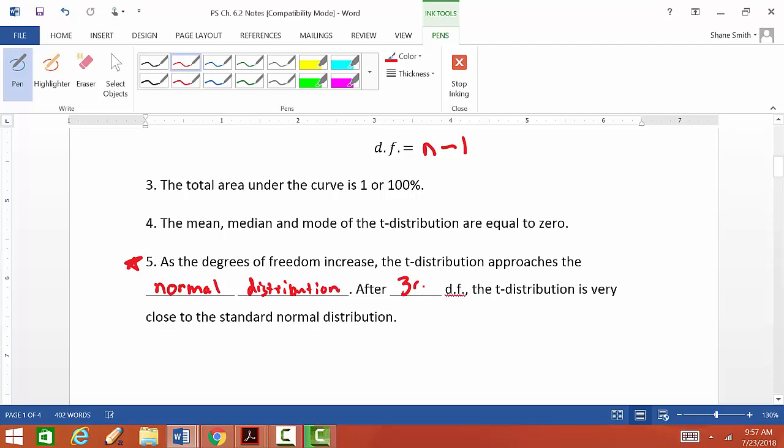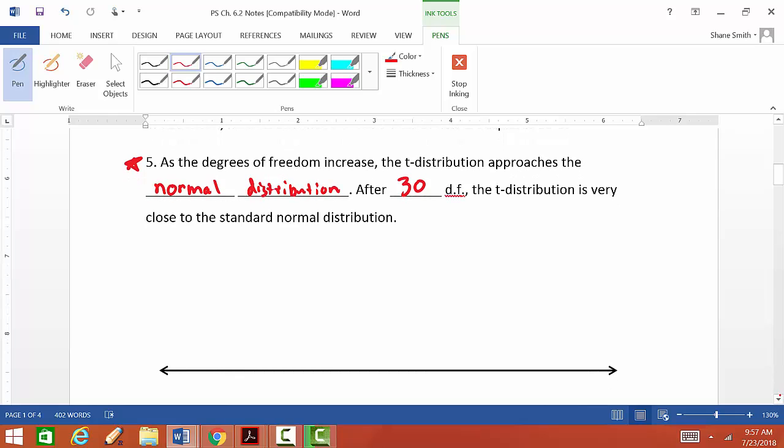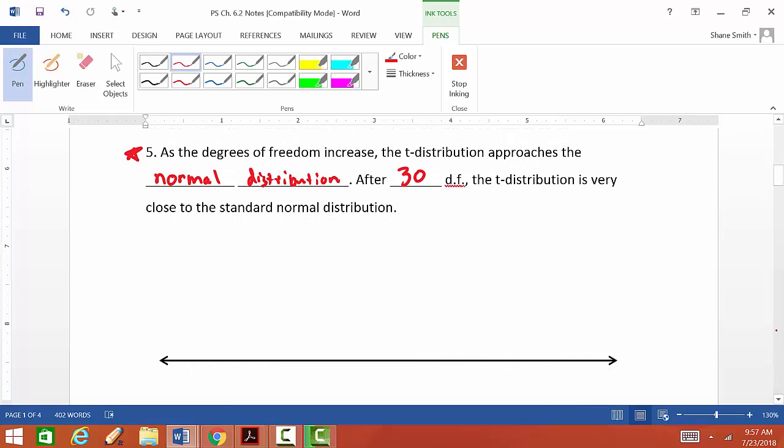And after about 30 degrees of freedom, which is what our central limit theorem says, the t-distribution is very close to a standard normal distribution. Well, what does this mean? So let me show you.